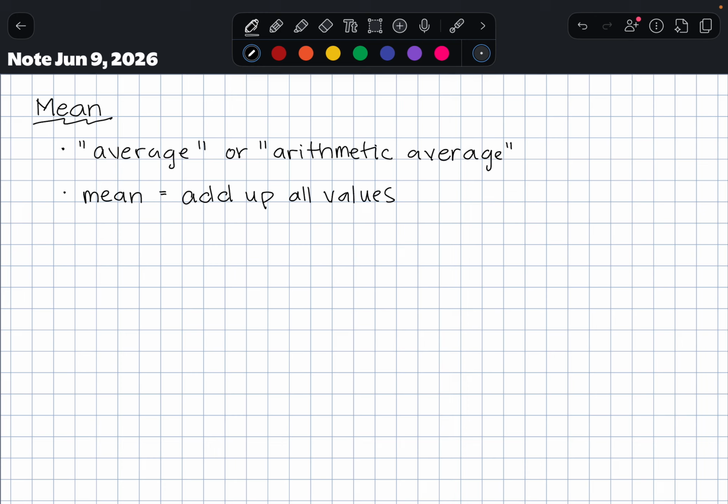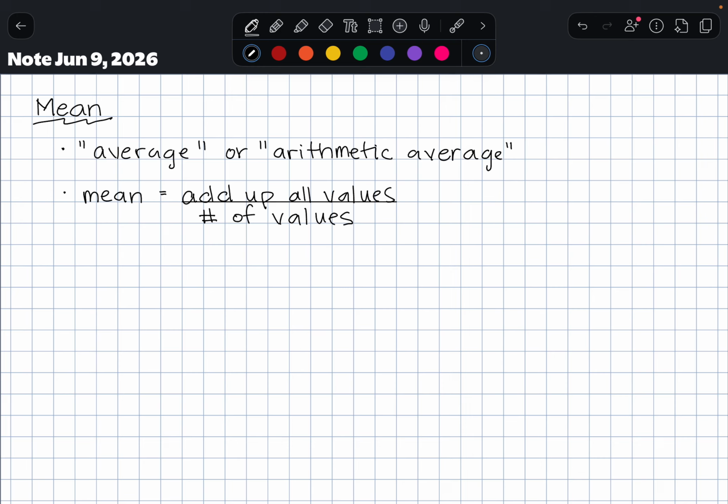And then we're going to take that sum and divide it by the total number of values. And I don't know about you, but I, as a statistician, am lazy. I don't want to have to write that word phrase over and over again. So we're going to see symbols for this formula.